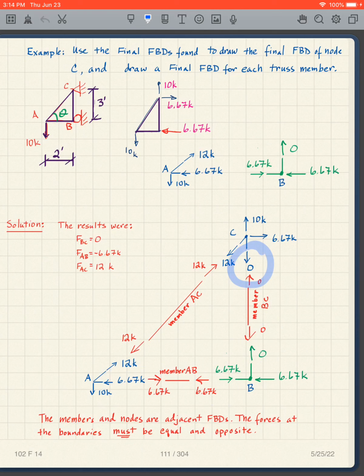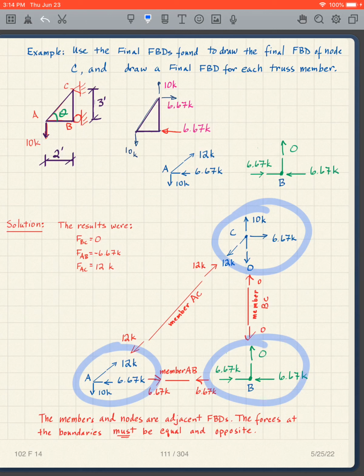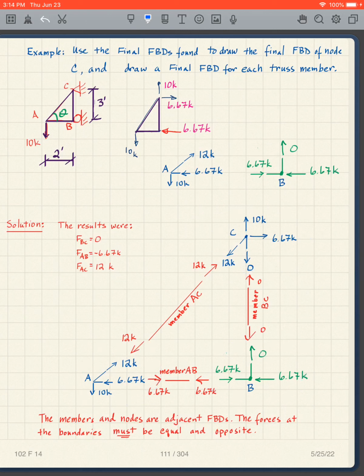So what this illustrates is we've taken the free body diagrams at the nodes and shown what this looks like for the entire truss. So when I look at this, I can clearly see that member AC is in tension, because the arrows are pointing away from the member.